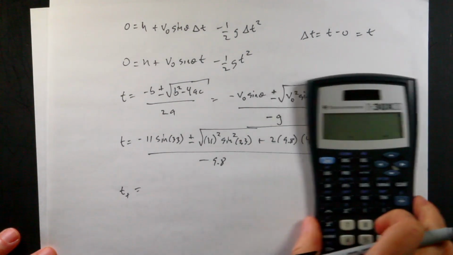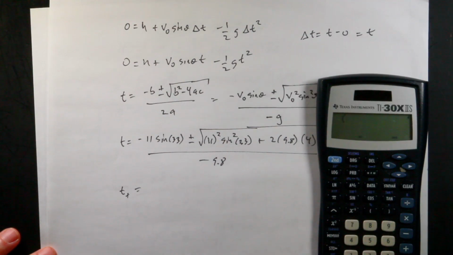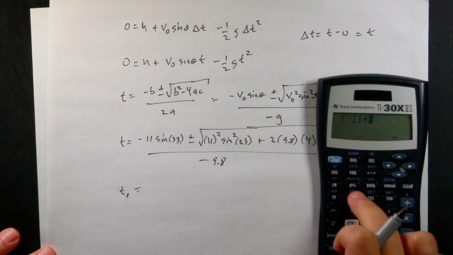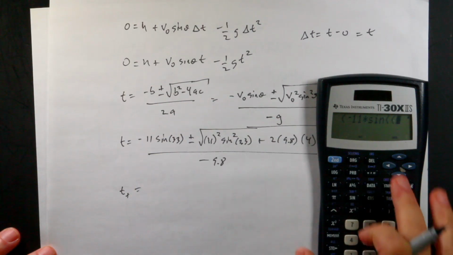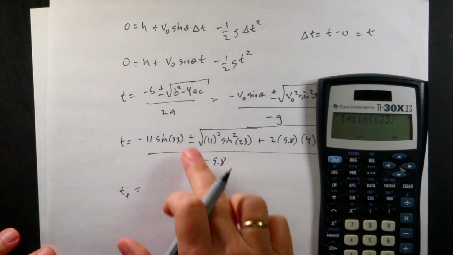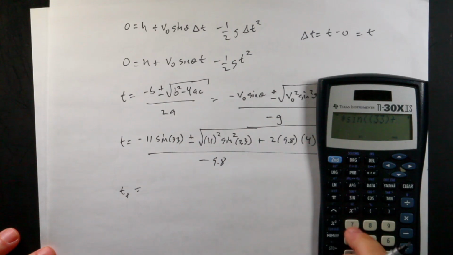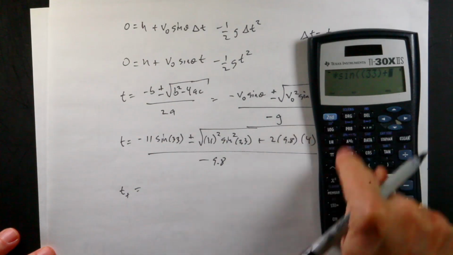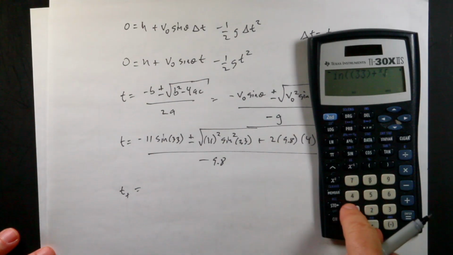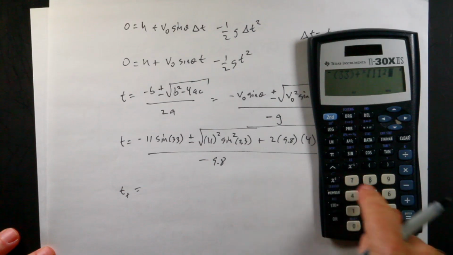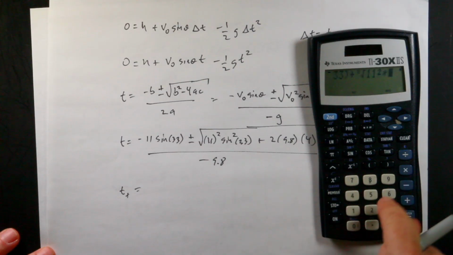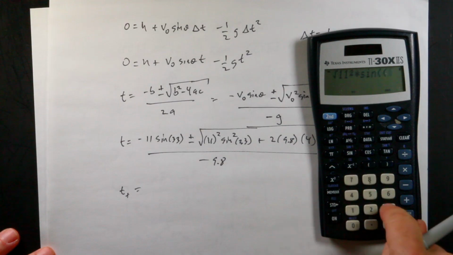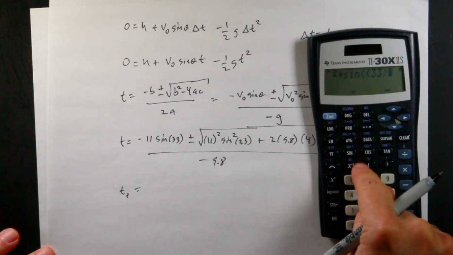Okay, let's just see if I can do this. I'm going to put parentheses, negative 11 times sine of 33, I am in degrees, plus square root of 11 squared times sine of 33 squared.